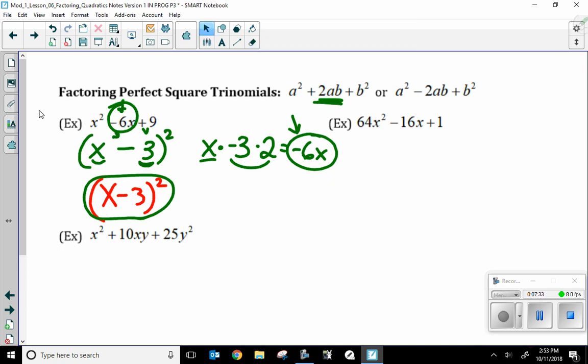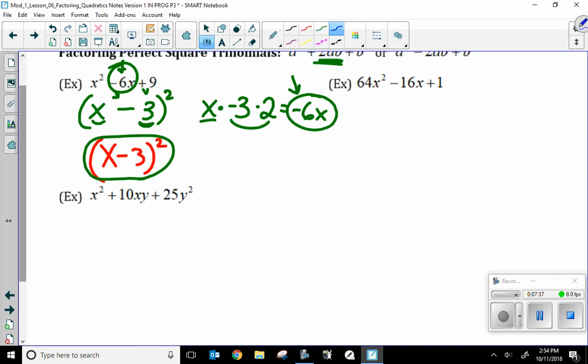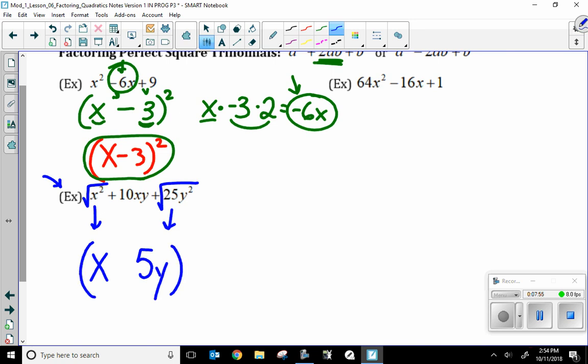Let's take a look at the second example below here. I know x squared is a perfect square, and 25y squared is a perfect square, so let's check this. The square root of x squared is x. The square root of 25y squared is 5y. Plus, right in the middle, squared.